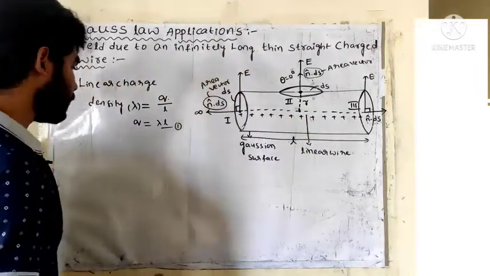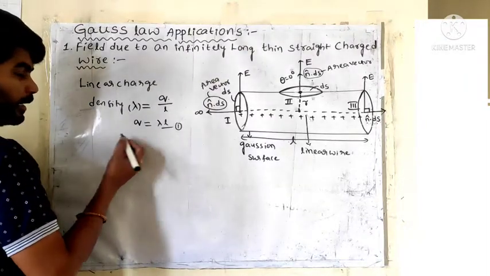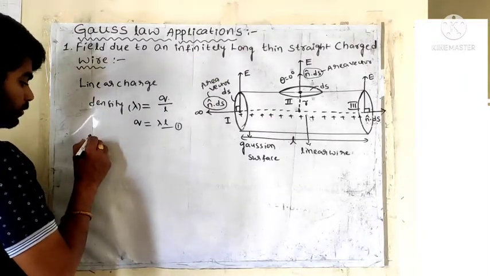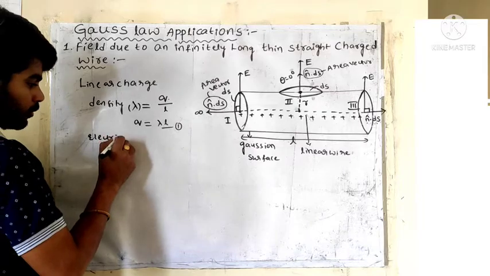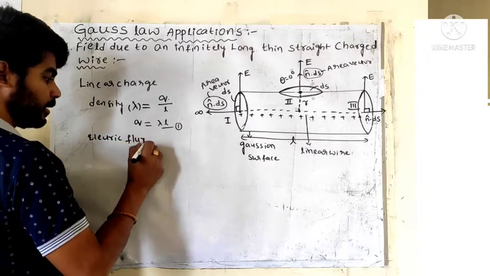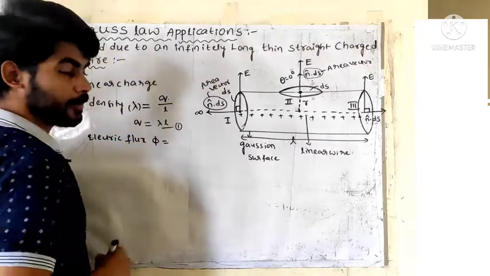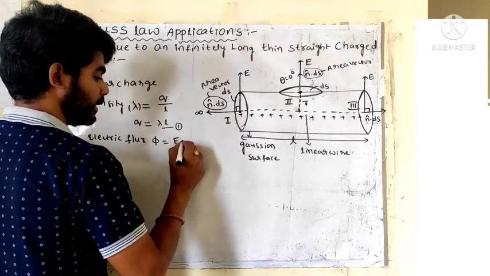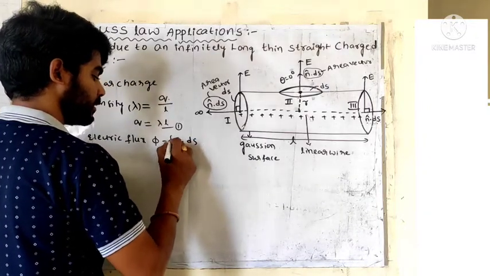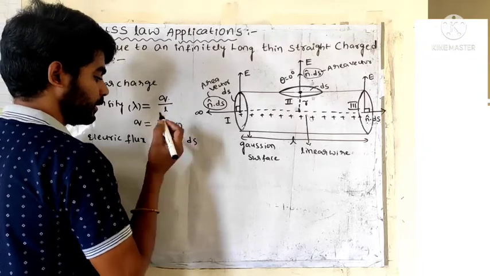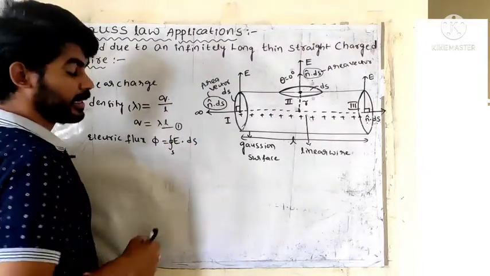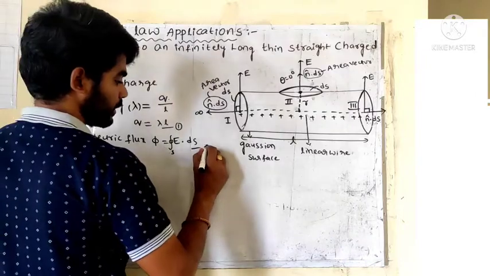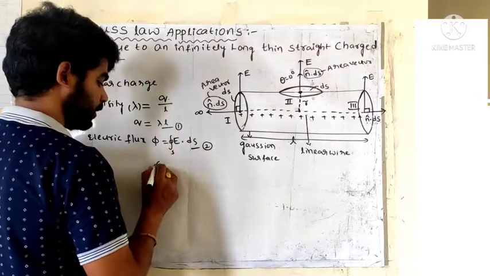According to the electric flux formula, electric flux is denoted by phi. Phi is equal to the surface integral of E dot ds, as I already gave the formula. This is the net flux, let us consider this equation 2.